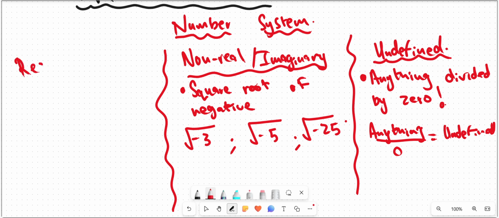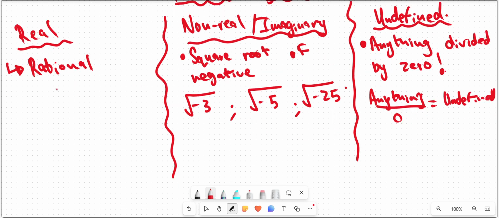Then ultimately we end up with this section right here, under which we work a lot. In real numbers, it's basically everything that is not non-real and everything that is not undefined. So here we get different sections, right? We have a rational number, and a rational number quite easily could be defined as a number that can be represented as a over b.